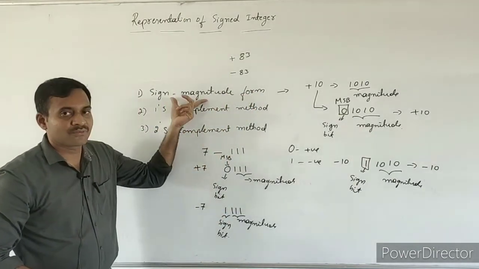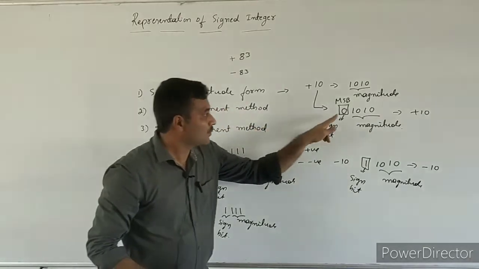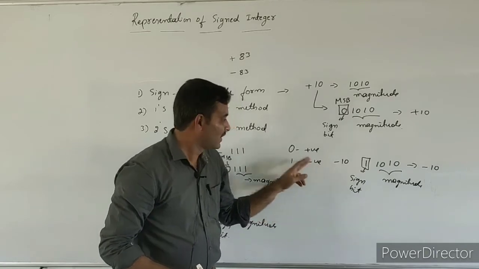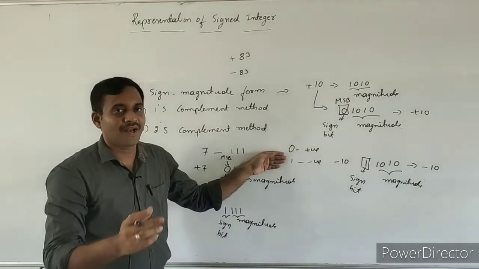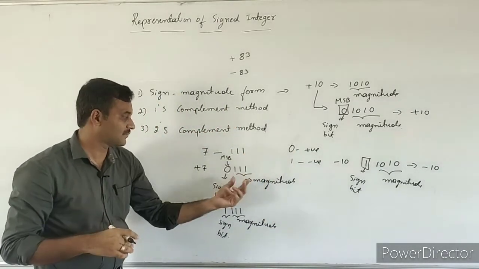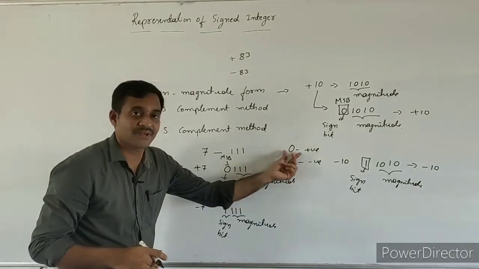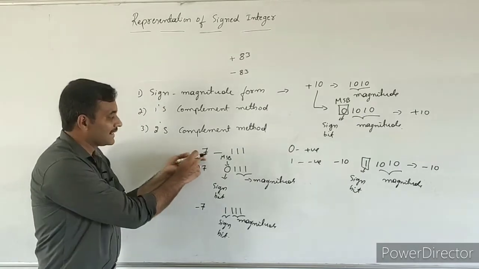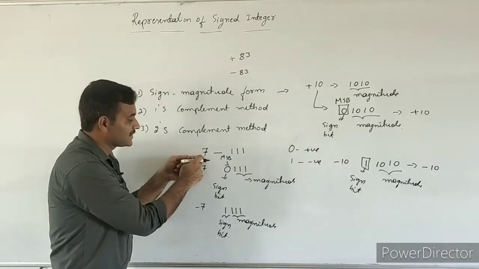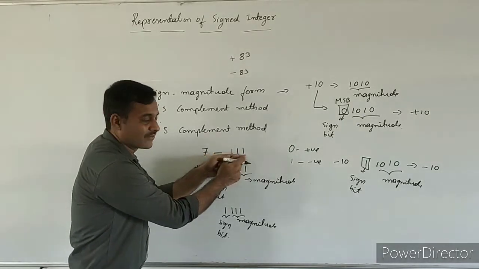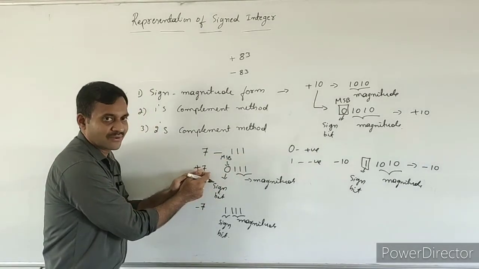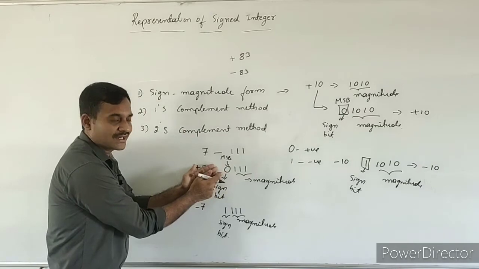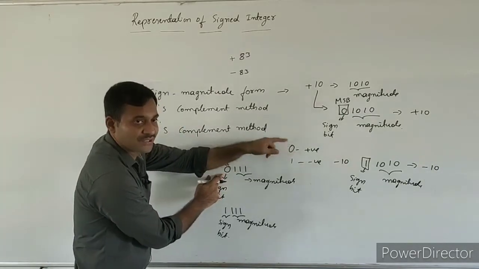In sign magnitude form representation, 0 represents positive and 1 represents negative. These 0s and 1s are added to the most significant side of the given number. See the example. Here we take decimal 7, which is represented in binary as 111. If it is positive 7, we add 0 to the most significant side, because 0 represents a positive number.